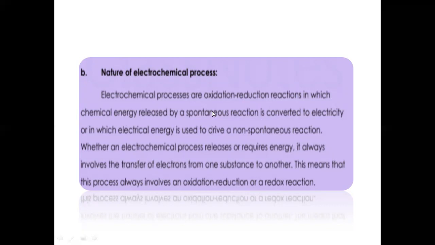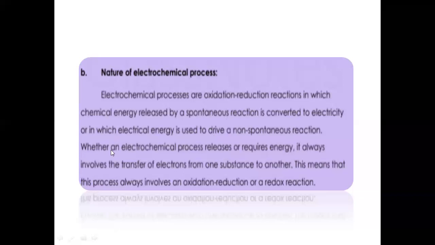While those reactions in which electrical energy is required to drive a reaction are called non-spontaneous reactions, because those types of reaction which need an external source to run a chemical reaction are called non-spontaneous reactions.